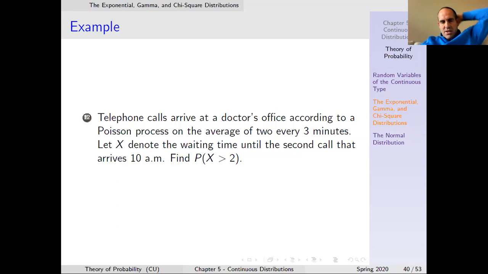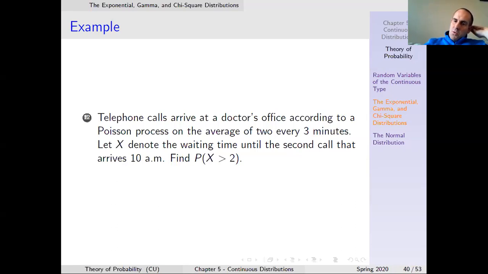I think I'm missing a word there. That should be after 10 a.m. Sorry about that. So I start the process at 10 a.m. and I start paying attention at that point. Let X denote the waiting time until the second call that arrives after 10 a.m.